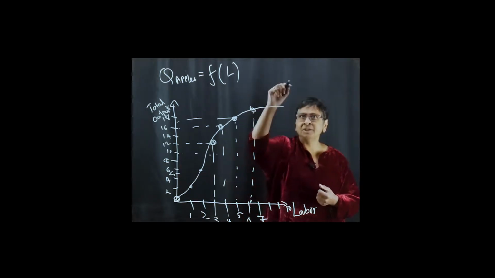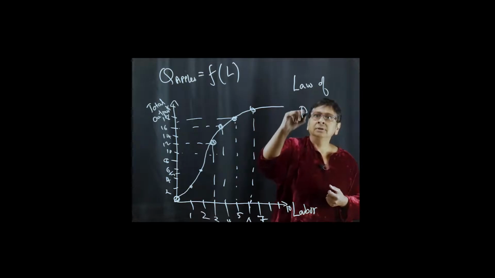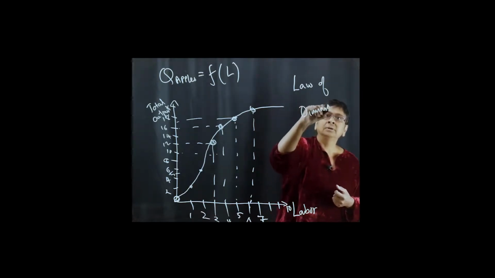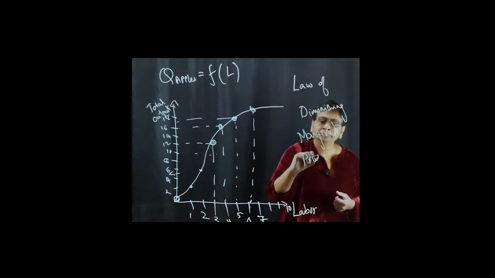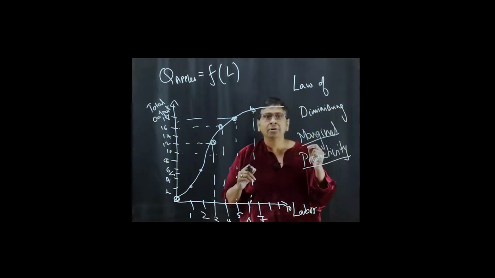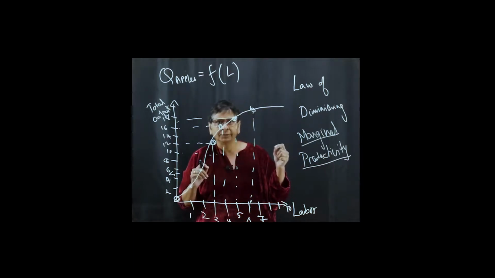So this S-shaped curve reflects the law of diminishing marginal productivity. Right?